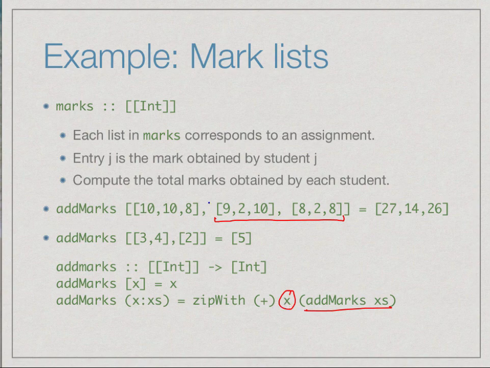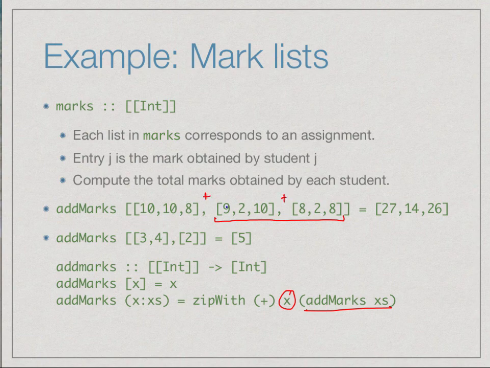So we want to do it element by element. So this is a natural situation where we can use zip with. And zip with will just add element by element the marks in the first assignment with the cumulative marks in the remaining assignments. So this is an inductive definition, where in the inductive step we use zip with. Now notice that this zip with is basically doing this plus across this entire thing.